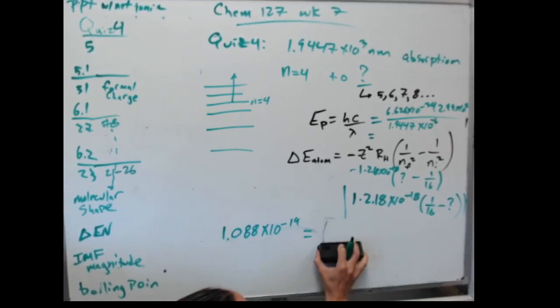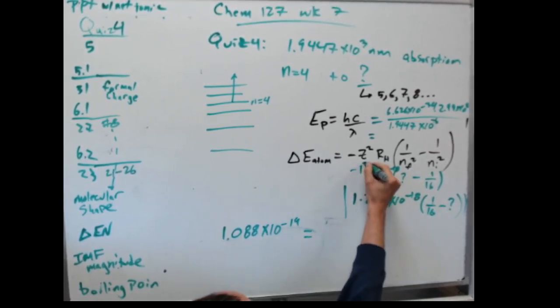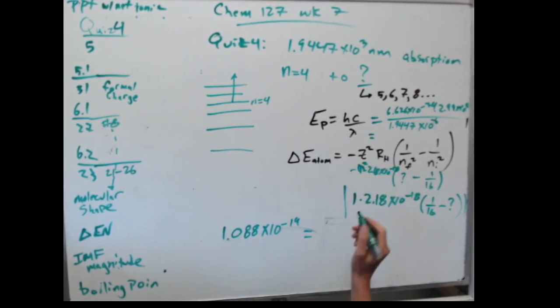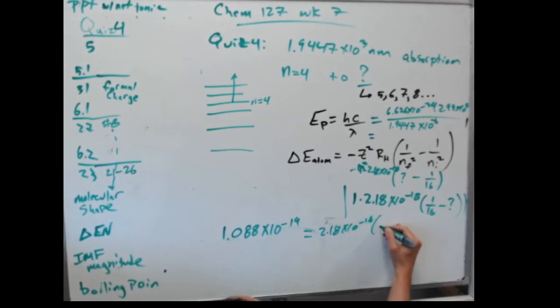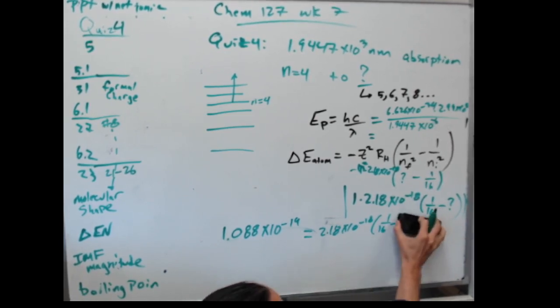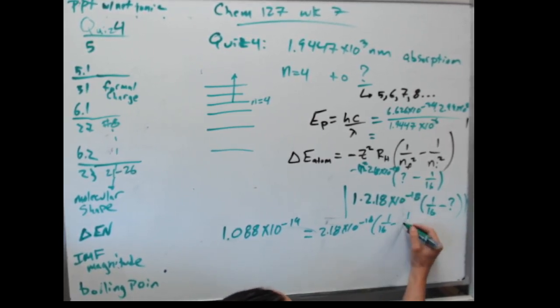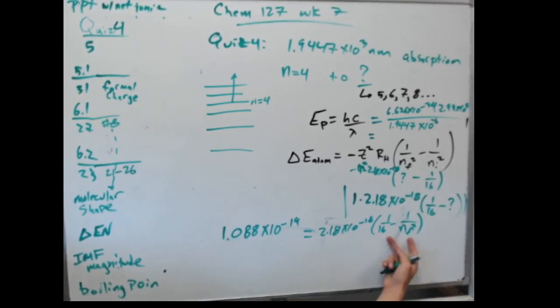I'm not going to worry about 1 squared anymore, because that's technically 1 squared, which is just 1. 2.18 times 10 to the minus 18 times 1/16 minus question mark. Well, let's call this question mark what it is now, because I'm close enough to finishing it: 1 over n final squared. Right, and the order of the final and initial switched because of the way I moved to the negative side.